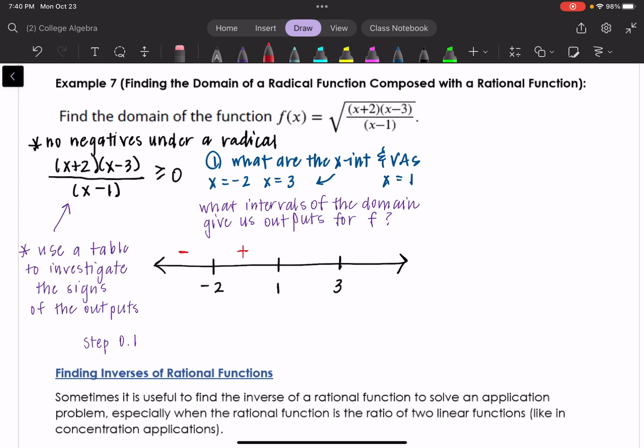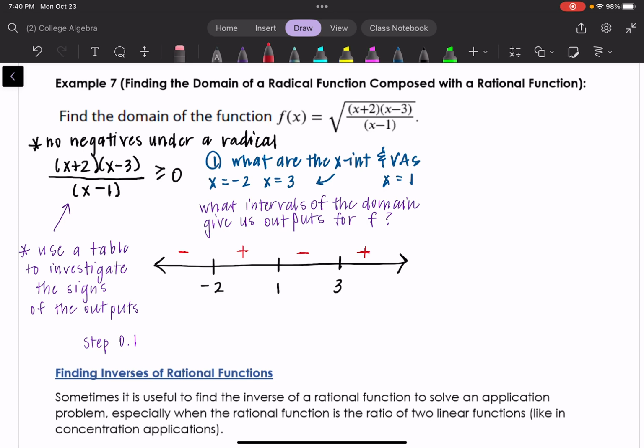You'll get an error at 1 because that's an asymptote, and immediately on the other side, you'll see that the outputs have become negative. Then we continue scrolling until we hit our other intercept at 3. Because it's a single multiplicity, we expect it to pass on through, and that would mean these outputs become positive because we've passed through that axis.